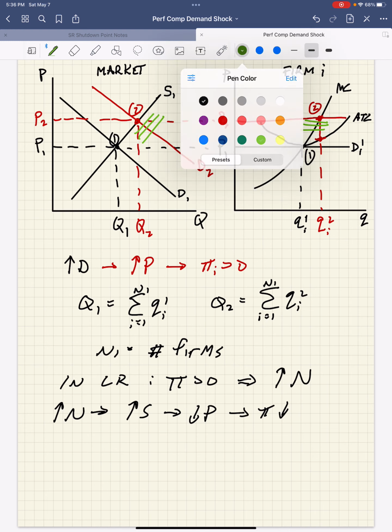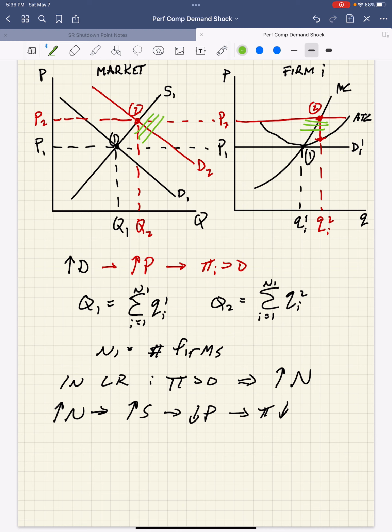And this is going to keep happening as long as new firms have an incentive to enter, and it's only going to stop when profit drops all the way back to zero. And where is profit equal to zero? Well, back at the original price level, P1, right? So we're going to get a new long-run position of that supply curve, S2, that brings our price all the way back to where it started.